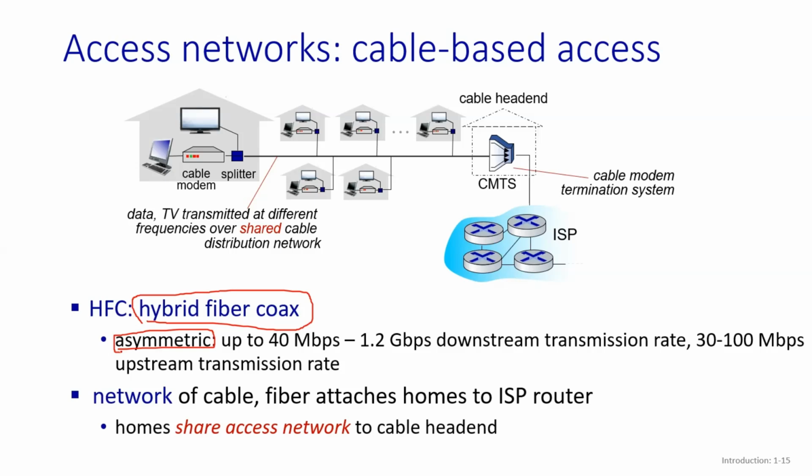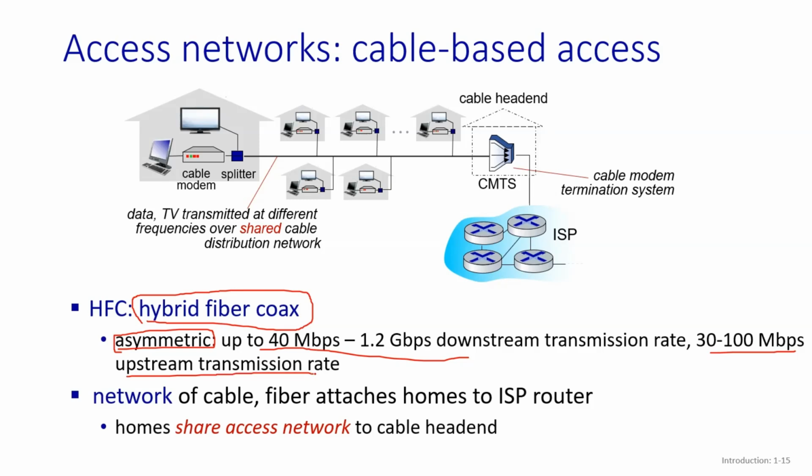So the downstream is slightly higher than the upstream, which is the case with the DSL system as well. It is up to 40 MB per second to 1.2 GB per second downstream. So this is the downstream capacity, or downstream transmission rate, and 30 to 100 MB per second upstream transmission rate.